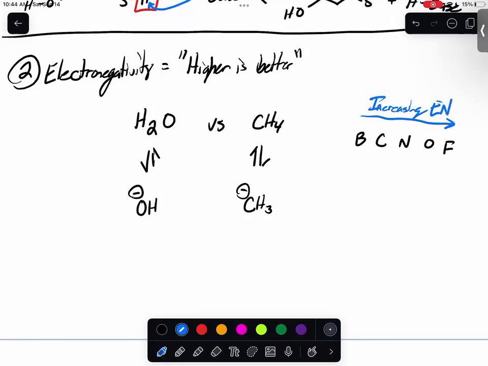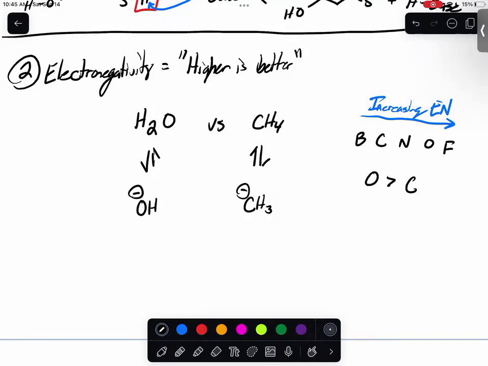And so what that means is that oxygen is more electronegative than carbon. And when you're thinking about electronegativity, remember that this was thinking about which atom is pulling harder on electrons. So when we're thinking about this, we can think about how happy an atom is to have more electrons. And if an atom is more electronegative, it wants more electrons.